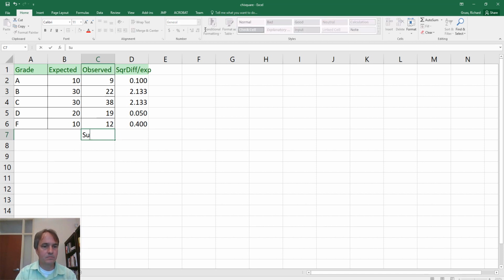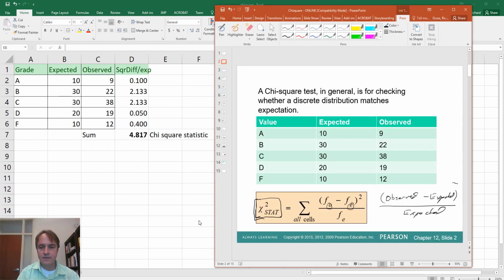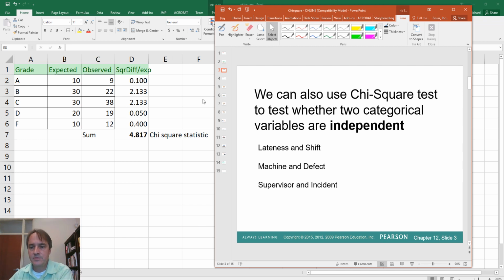And so what we want to do is add these up. Okay, so we'll take the sum here, equal to the sum of all these. So this is our chi-square statistic. The name comes from the fact that this is a Greek letter.